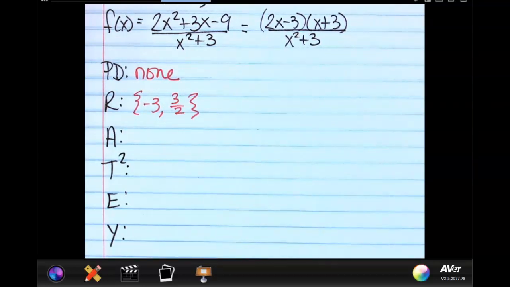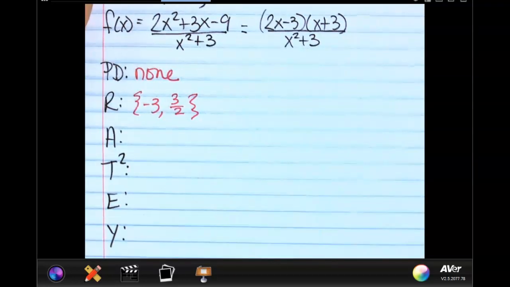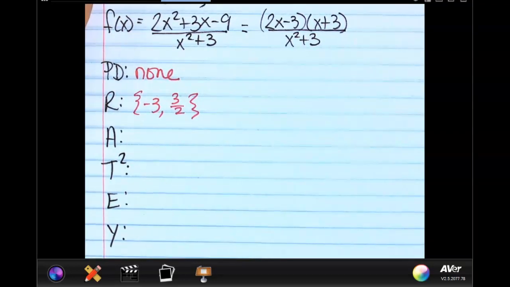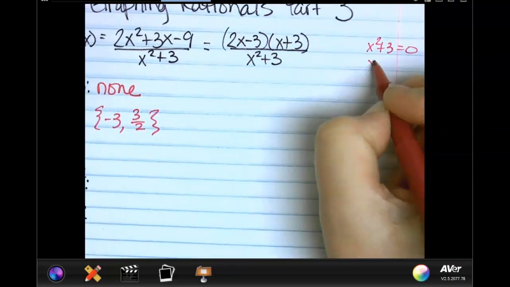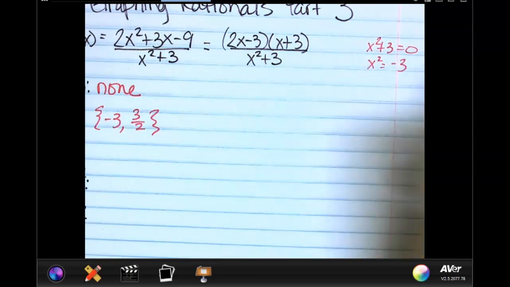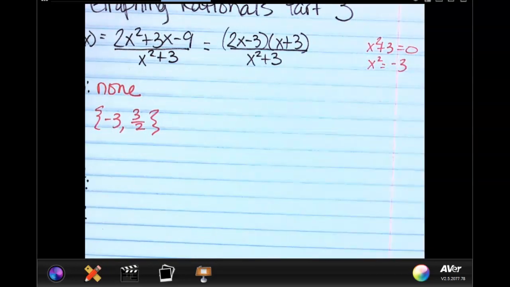All right, so A stands for asymptotes. Which ones? Vertical. Do I have any vertical asymptotes here? Vertical asymptotes come from the denominator. They're the zeros of the denominator. So if I take x squared plus 3 and set it equal to 0, I get x squared equals -3. When I take the square root of both sides, I get plus or minus i times the square root of 3.